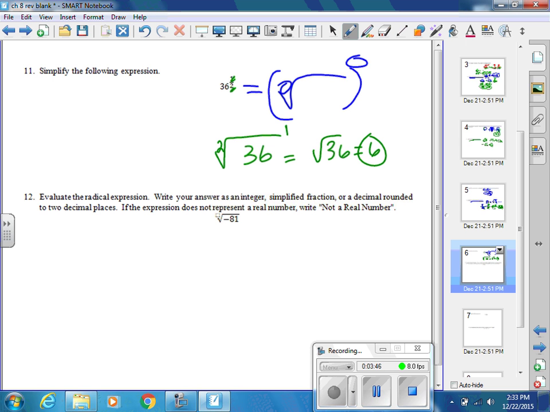Now, this one right here is asking us to evaluate this and write if it's not a real number. Remember what I just talked about, if it's a negative underneath, it's not a real number. So this is not a real number. Some teachers will show you about imaginary numbers. So if your teacher did, what they want you to do is they want you to change this.